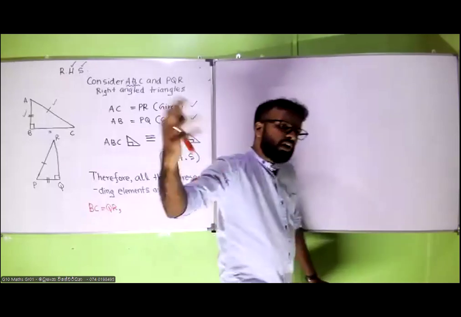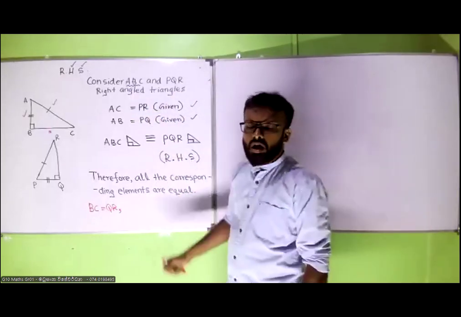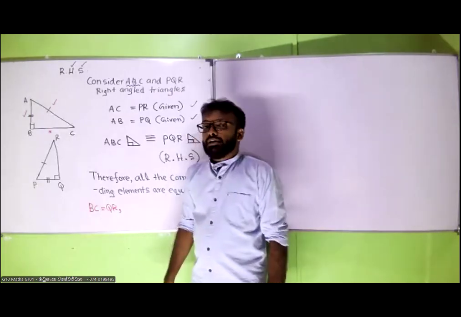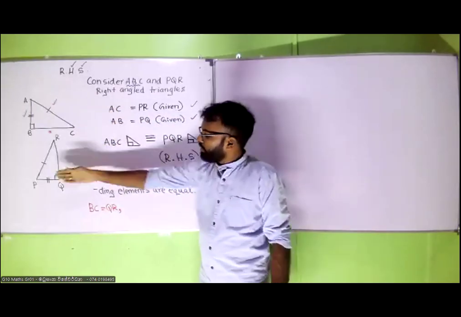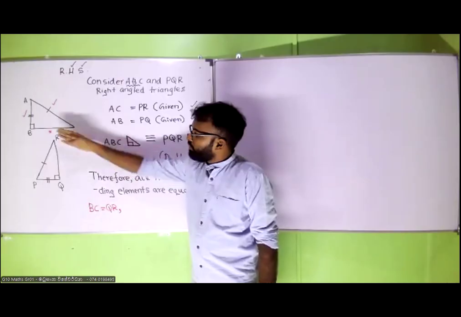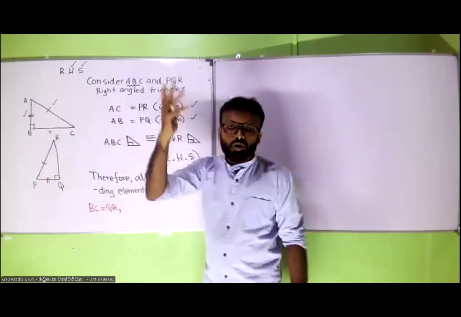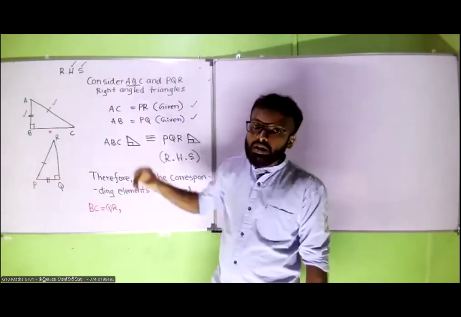Now, what do we have in extra? What about the angles? All the three sides are okay: AB, AC, BC, PQ, QR, PR. But we have the rest of the elements as well.